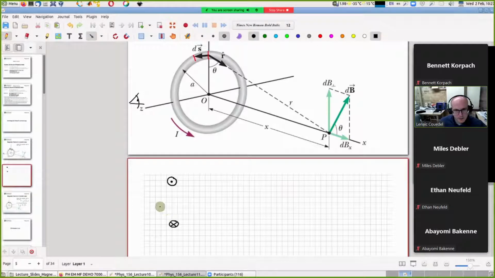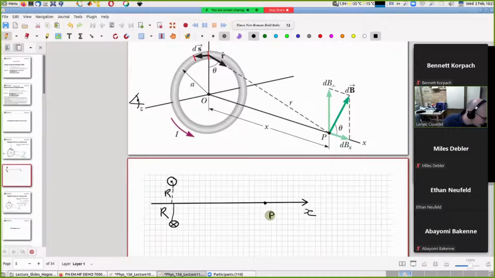Here in the middle will be my x-axis, and the distance there is just the radius of the loop. We're interested in point P, right there.